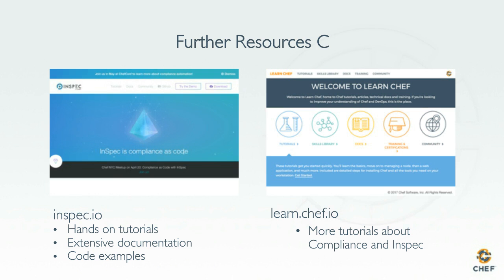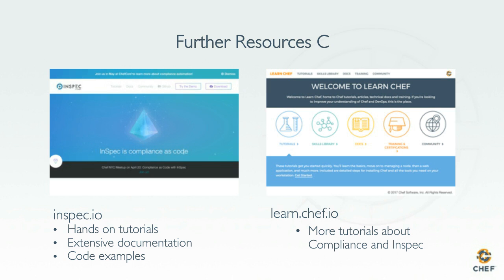While the DevSec project is really giving you a good overview about specific compliance and hardening guidelines, we have the InSpec.io website, which is really focusing on how to use InSpec. It has hands-on tutorials, extensive documentation, and code examples. So I recommend going over there, having a look, downloading InSpec, trying it out.